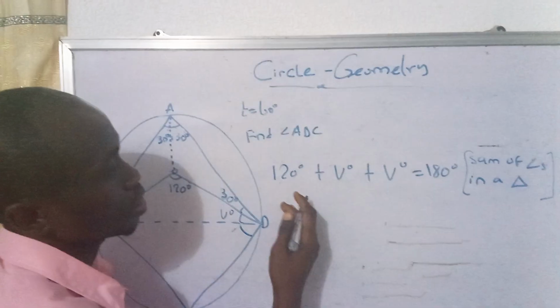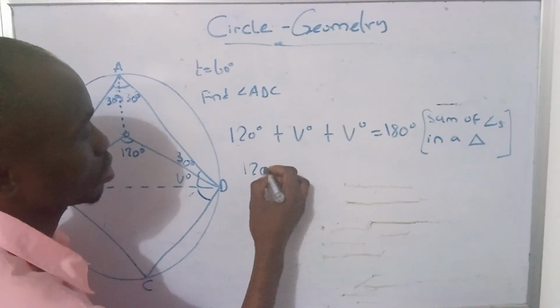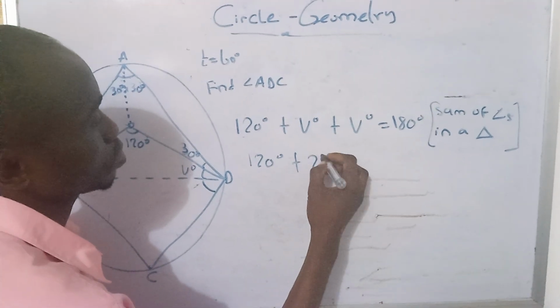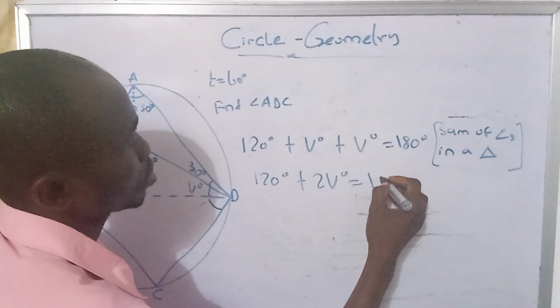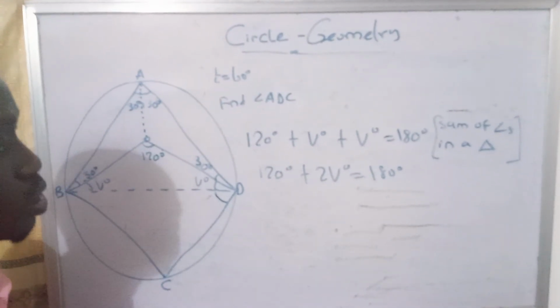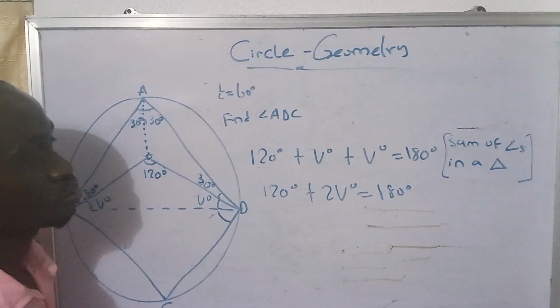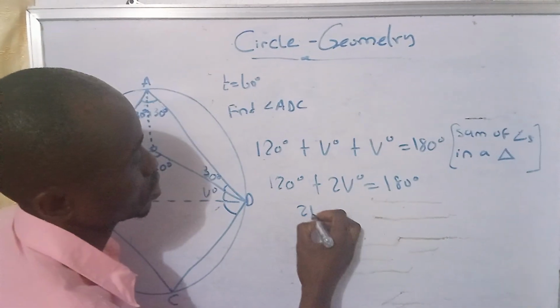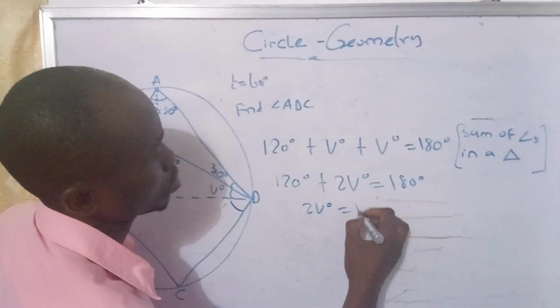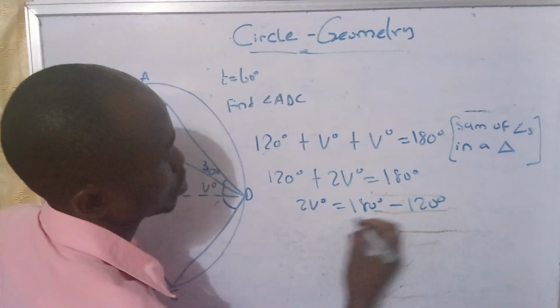So we're going to have 120 degree plus 2v degree equals what? 180 degree, right? In solving arithmetically, we're going to have 2v degree equals 180 degree minus 120 degree.